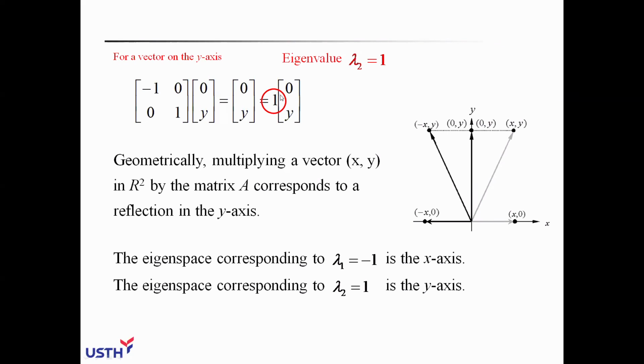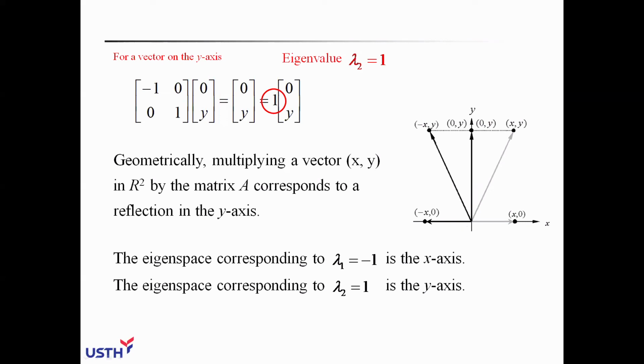And because of that, the second eigenspace corresponding to lambda 2 equal 1 is the y-axis. Vectors lying on the vertical axis are eigenvectors corresponding to 1, except the origin, because the origin is the zero vector.